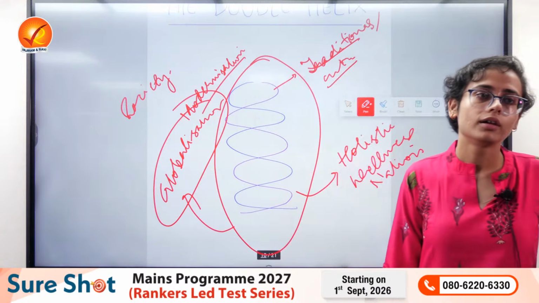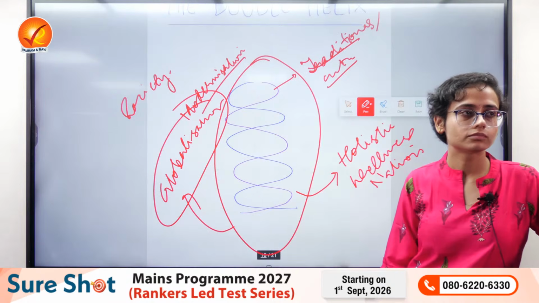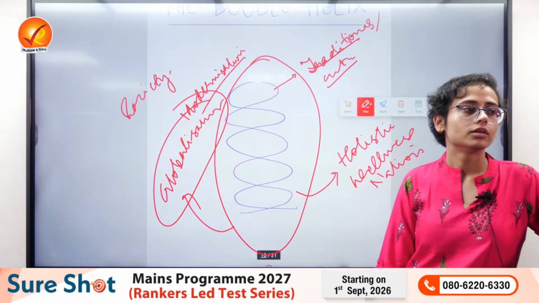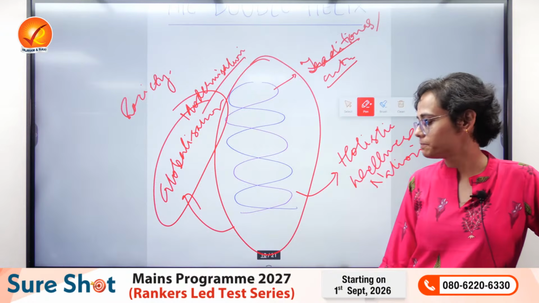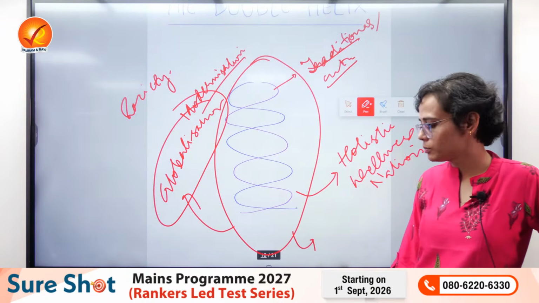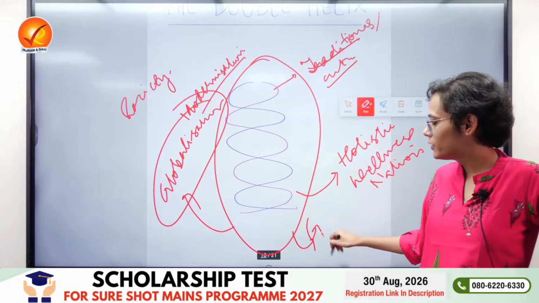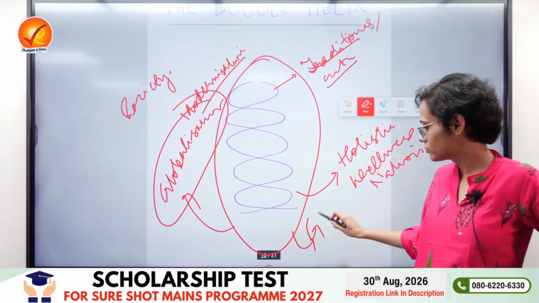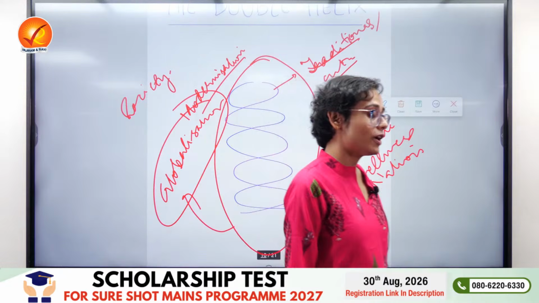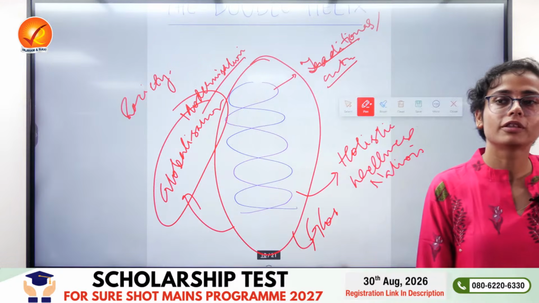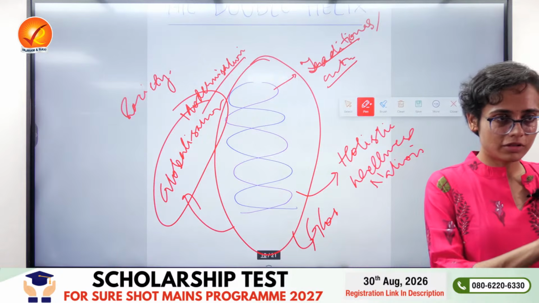Atmanirbharta and, that word, you quote it in many conclusions. What do you call the global village? Vasudhaiva Kutumbakam. So Vasudhaiva Kutumbakam and Atmanirbharta seem different.